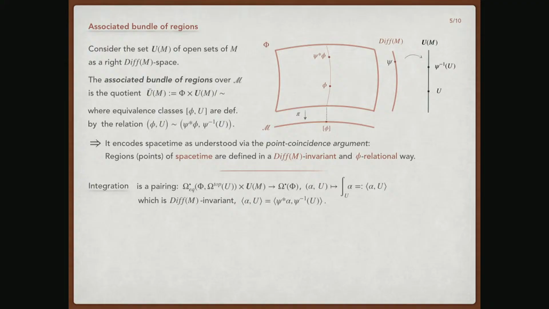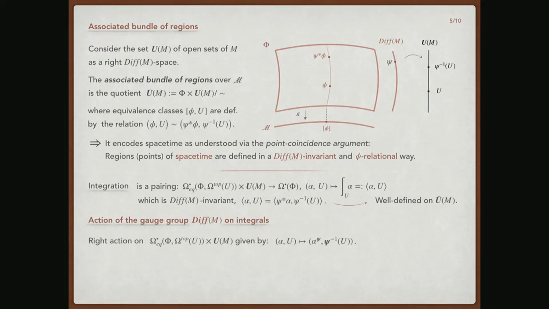And that pairing is by definition diffeoinvariant, right? The theory of integration is built so that it is diffeoinvariant. So the integration pairing is well defined on the bundle of region.